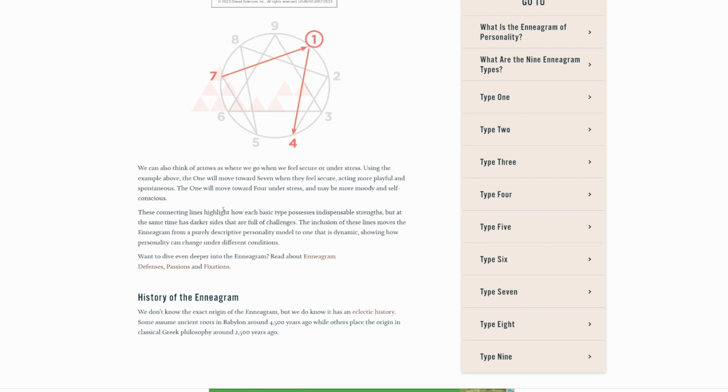These lines highlight how each basic type possesses indispensable strengths, but at the same time has darker sides that are full of challenges. This is quite interesting. The inclusion of these lines moves the Enneagram from a purely descriptive personality model to one that is dynamic, showing how personality can change under different conditions. Okay, that makes sense. I kind of think that makes sense.